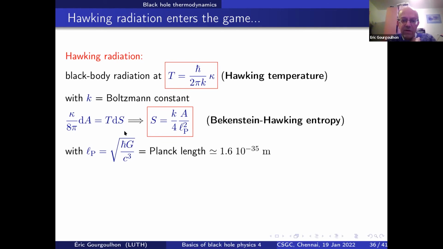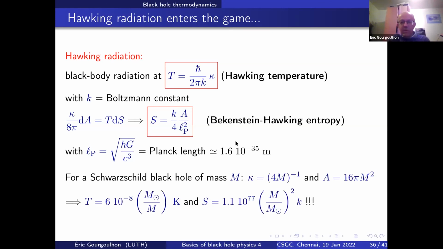As a consequence, you get that the entropy has to be related to the area by this relation, where the Planck length appears. This is the so-called Bekenstein-Hawking entropy relation, which was actually almost obtained by Bekenstein just before the discovery of Hawking radiation.